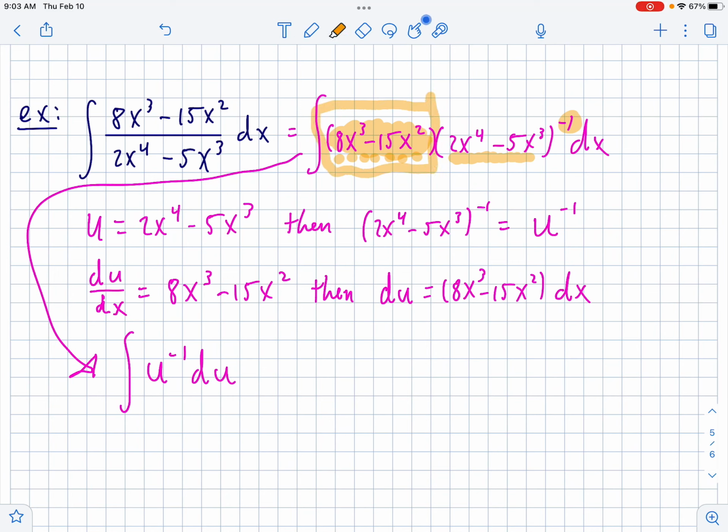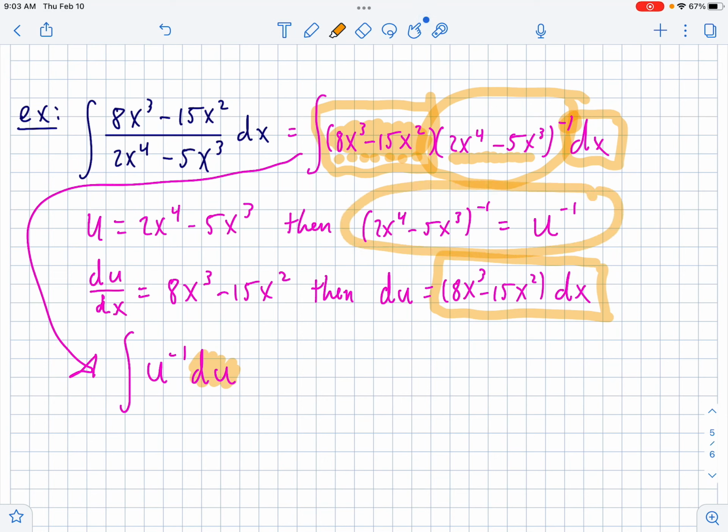This part and this part became the du, because that's what du is equal to, this right here. Then the something to the negative 1 became u to the negative 1, because we defined it that way here. Now we can run our power rule. Oh, wait. It doesn't work with the power rule because you get a 0 in the denominator.